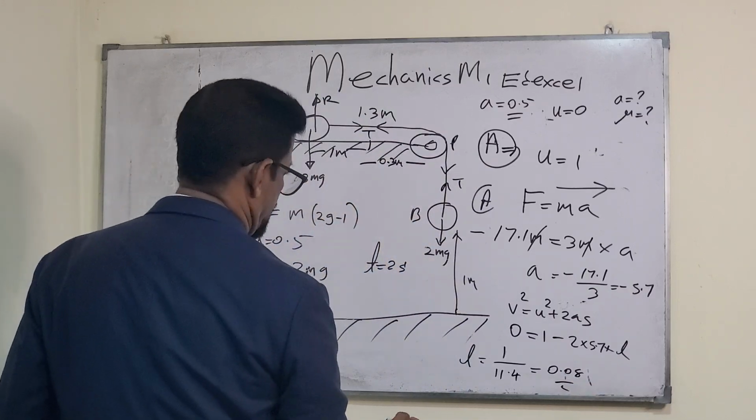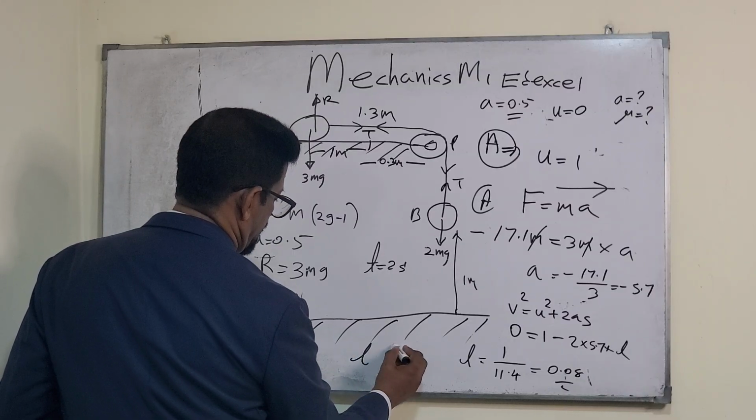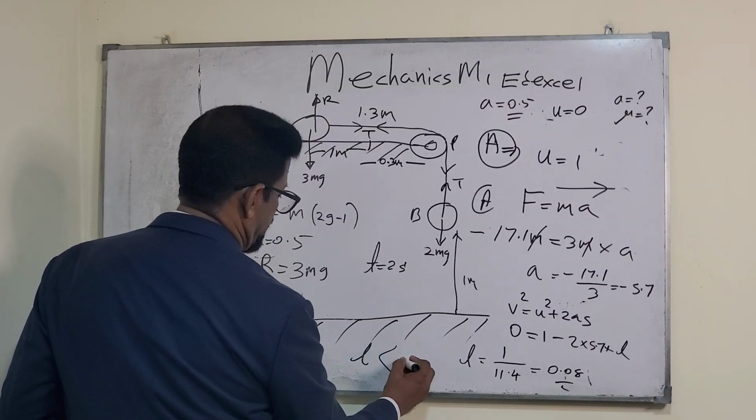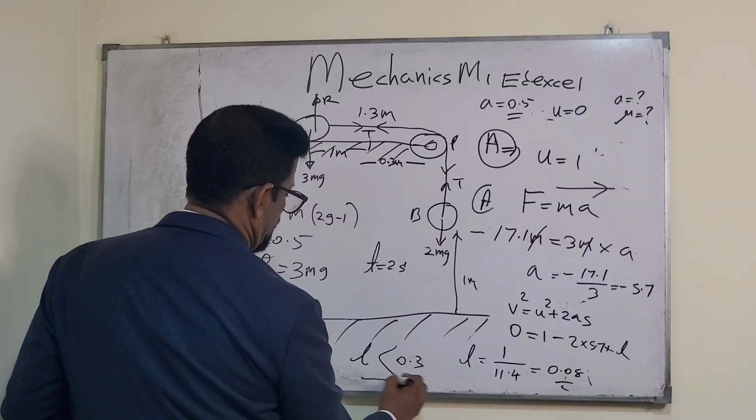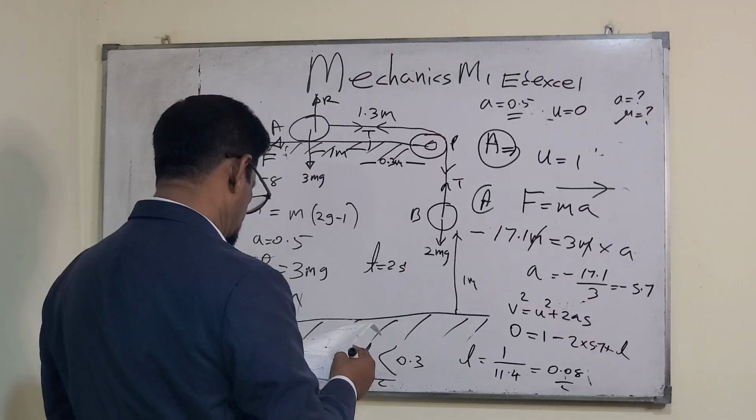Now that distance L is less than 0.3. This means it does not reach A.